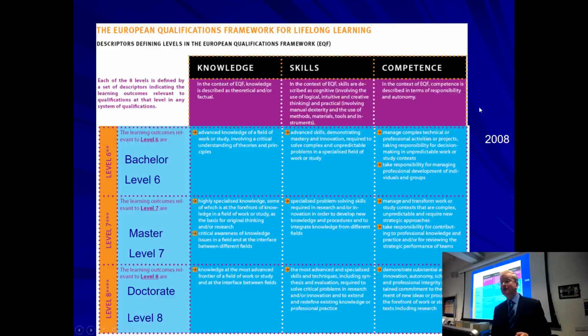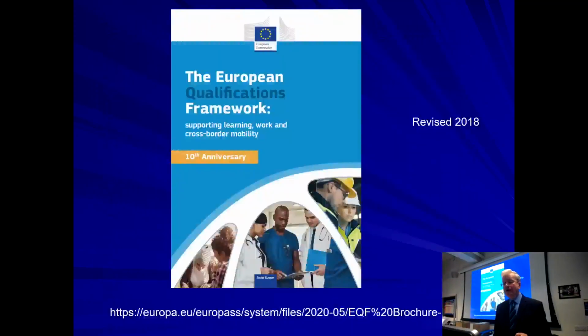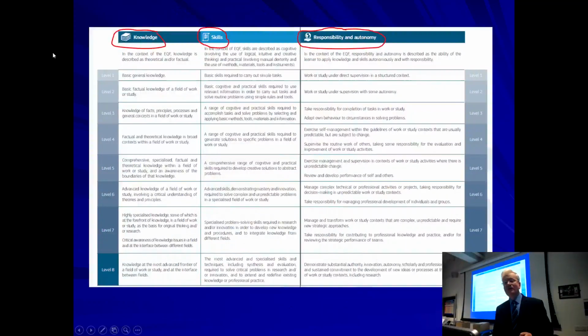But here, competence entirely has to do with performance in the workplace. So when the European Qualifications Framework was updated in 2018, in celebration of its 10th anniversary, they still kept the knowledge and skills, because that's very clear, but they changed it to responsibility and autonomy. And that made it much more user-friendly to interpret.